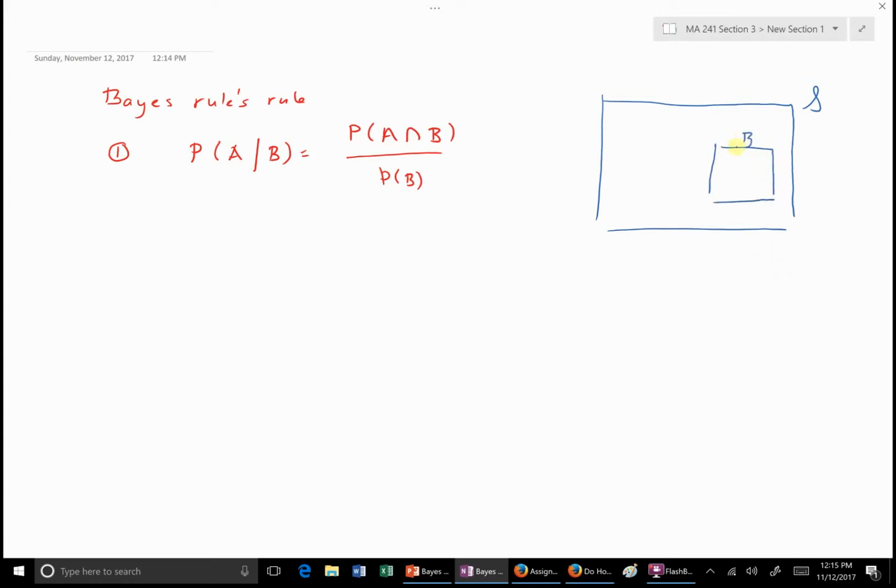And I'm going to assume that the area of B is proportional to the probability. So this whole sample space has an area of 1, and maybe B has some area, maybe it looks like 0.4 or something like that, 0.3, right? Okay, and then we have the event A. So the event A is going to overlap it.